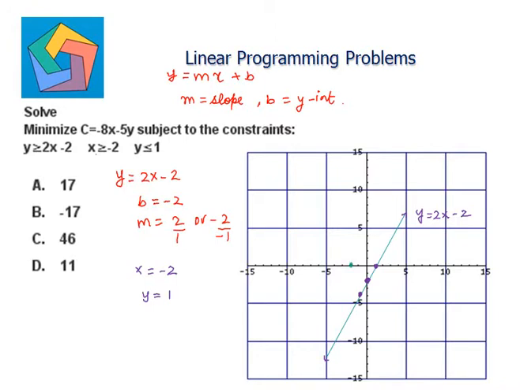This is the line x equals negative 2. And we have y equals 1. This is the point 1 on the y-axis, so the line passes through this point. This is the graph of the line y equals 1.